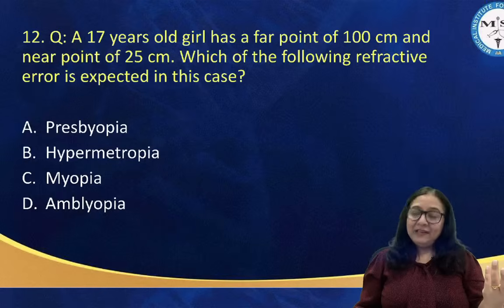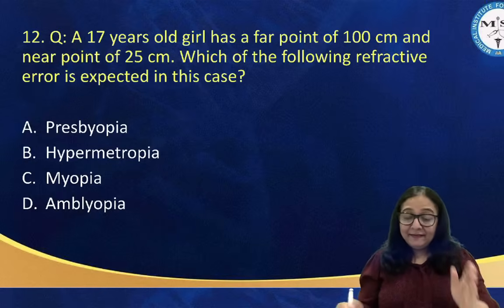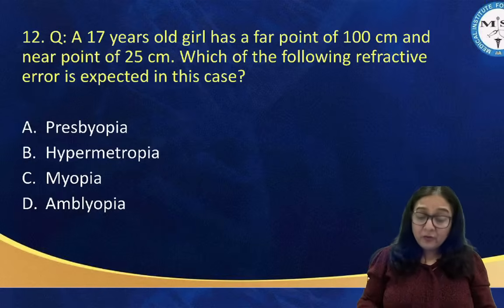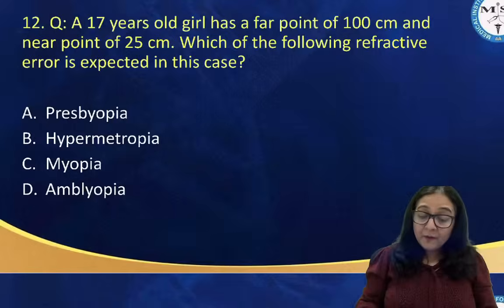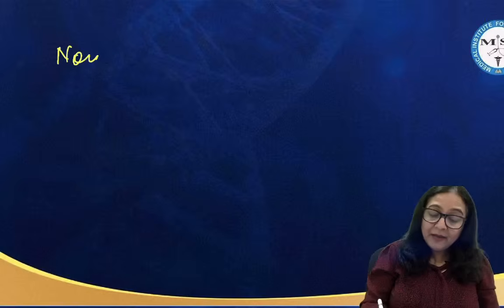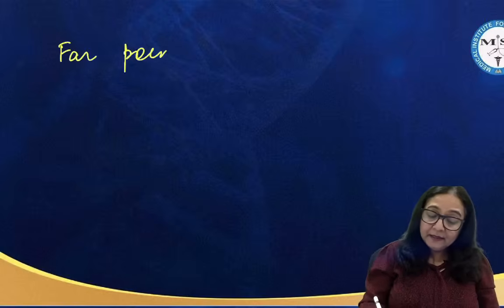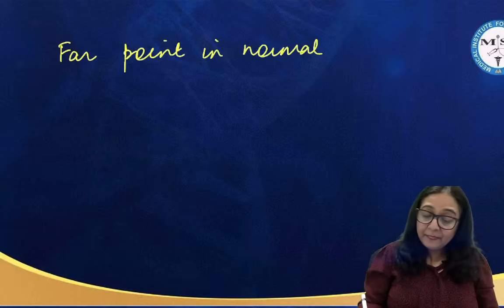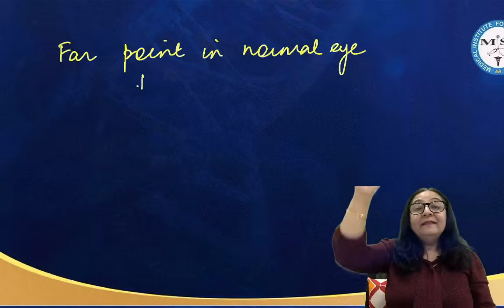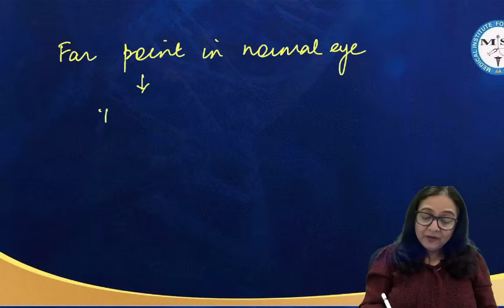Myopia, absolutely right. Here basically you should know what the normal far point is. What is the far point in a normal eye? How far can you see? You can see till infinity, right? You can look at the stars.